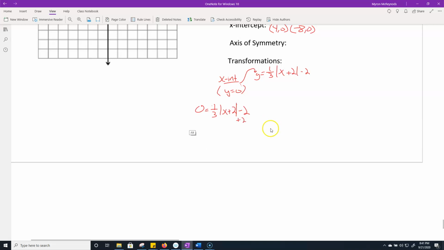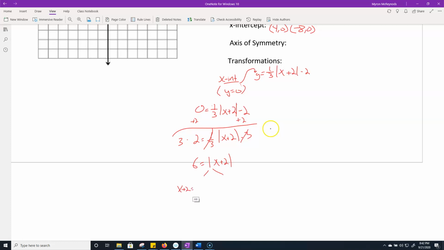I'm going to do plus 2 to both sides. And so I get 2 equals 1/3 absolute value of x plus 2. And then I'm going to multiply by 3 to get rid of the 1/3, and that'll cancel out my 1/3, and I get 6 equals the absolute value of x plus 2. Now that the absolute value bracket is isolated, I can go ahead and split into my two equations.